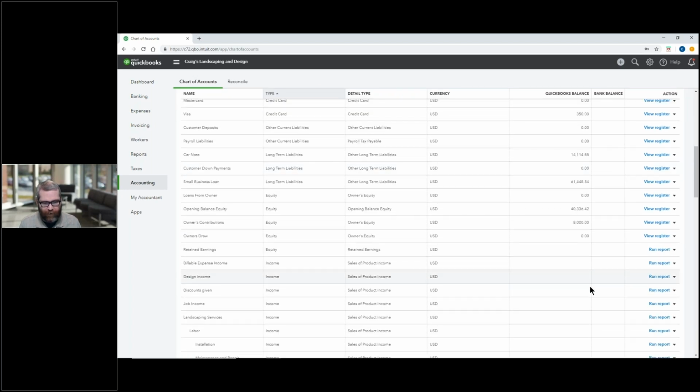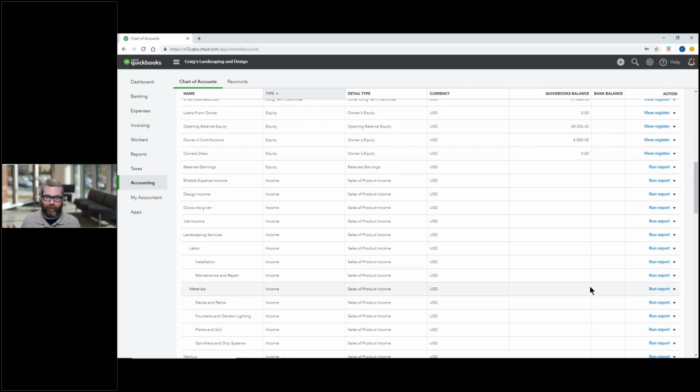But let's say we take all of the transactions that have ever occurred for an income account, design income. That would basically tell us all the money that the business has ever had for design income. That's not very helpful. What you probably want to know is how much money the business has made this year for income. That's what's going to help you file your taxes, right? Because whenever you file your taxes, you don't tell the government about how much money you've ever made.